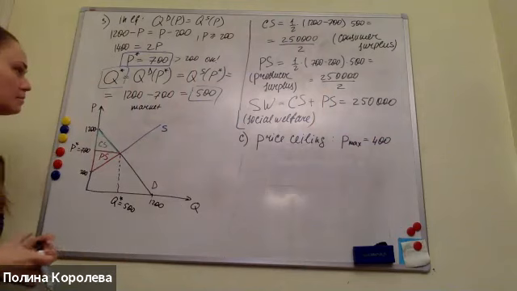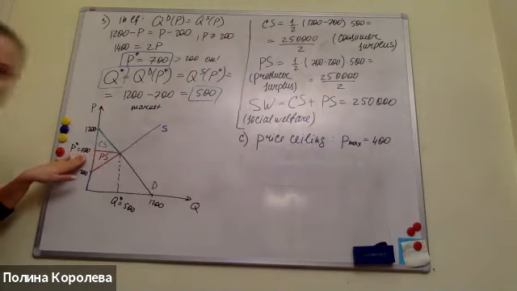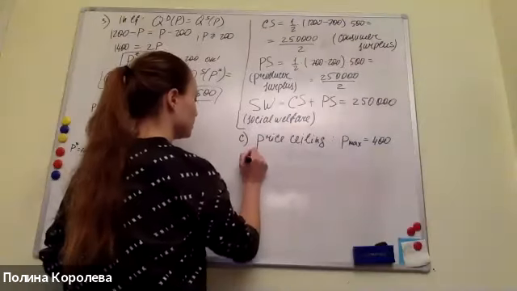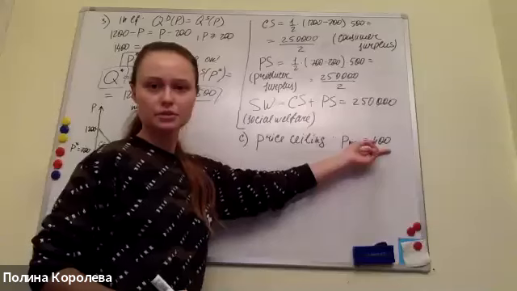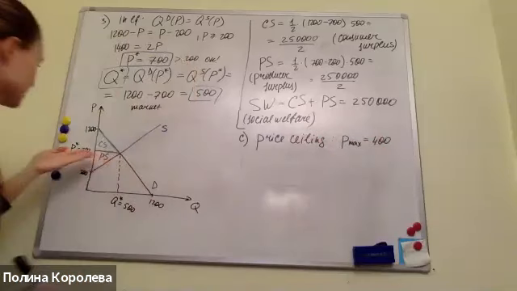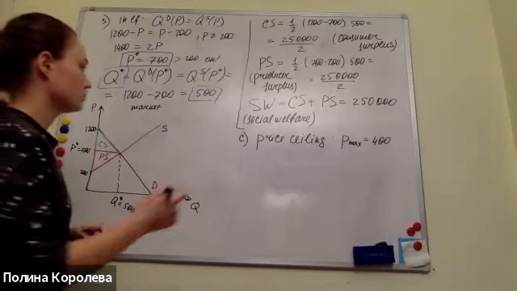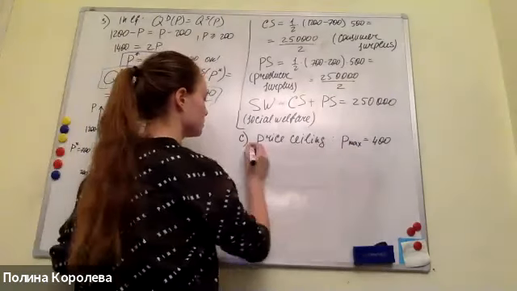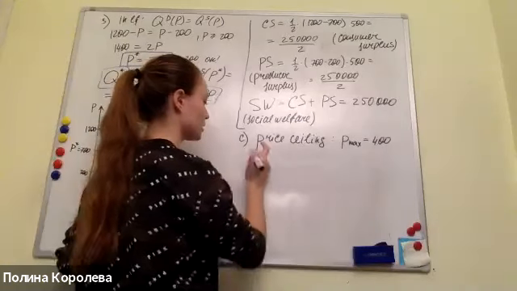So we see that without government intervention, our equilibrium price is 700. But the maximal price right now is 400, so price 700 cannot be here. What will we see with this maximal price in the market?